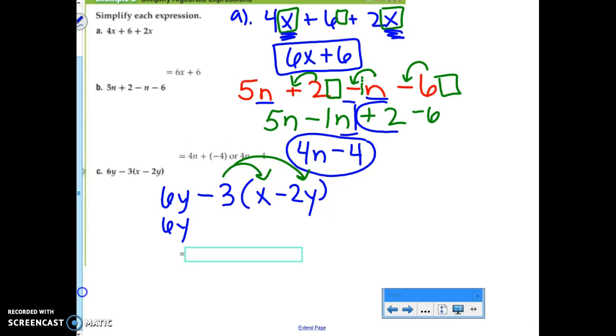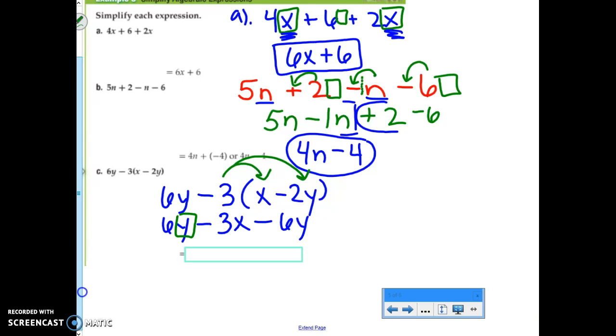I get 6y minus 3 times x gives me 3x's minus 3 times 2y's gives me 6 total y's. Remember that when you are multiplying and dividing those variables, they can cancel out with division, and you multiply those numbers together for multiplication. Okay, taking a look then afterwards, let's simplify this expression.